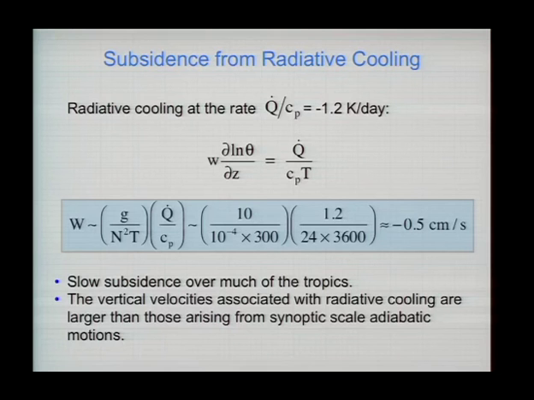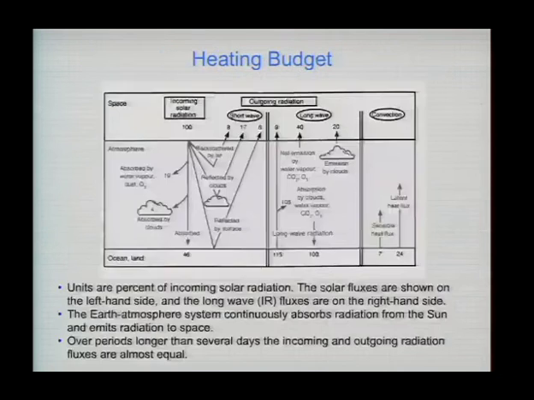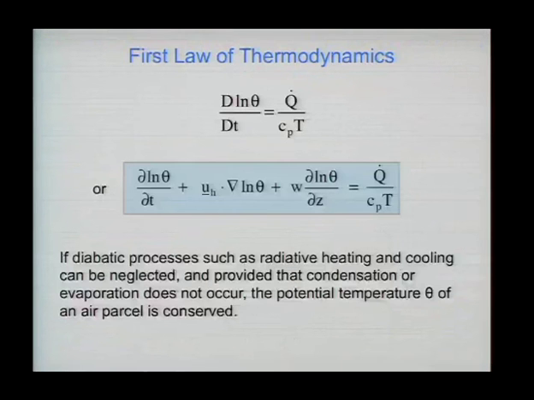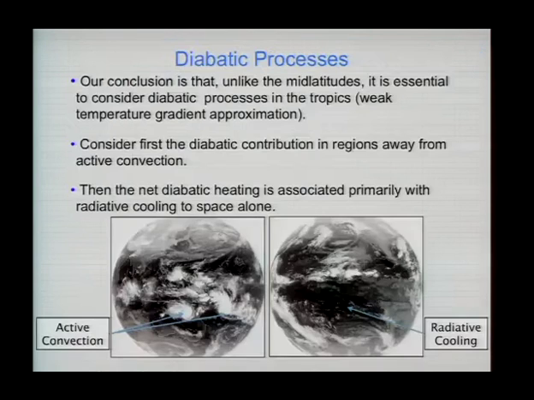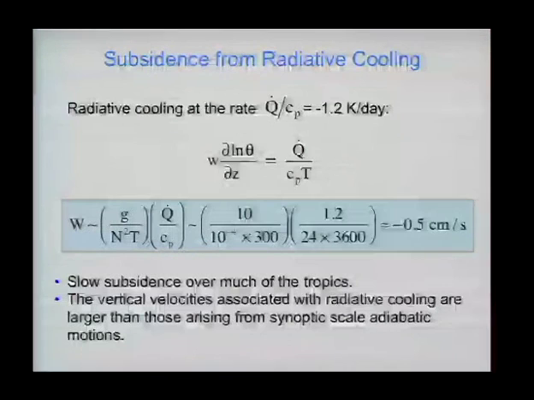So the warming due to the subsidence and compression is going to balance the cooling associated with long-wave radiation. So let's just go back a second and remind ourselves what we're doing here. We found that these two terms can't balance the heating. But this has to be the balance in the tropics. So we've just worked out how much we're cooling. Now we're going to try and work out what the associated w has to be.